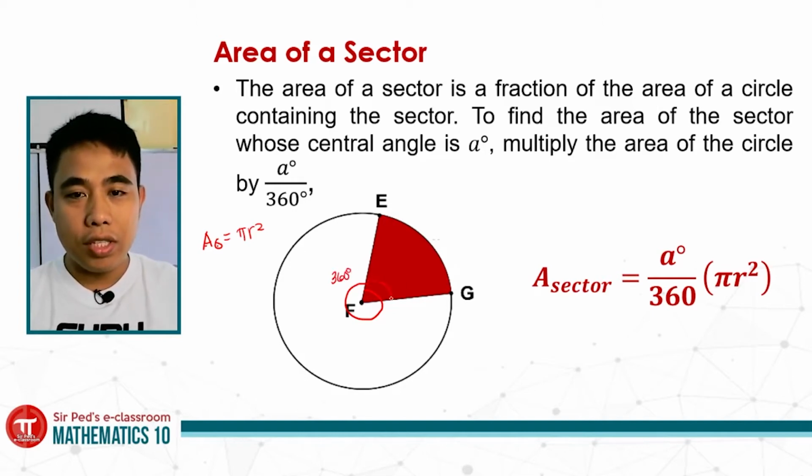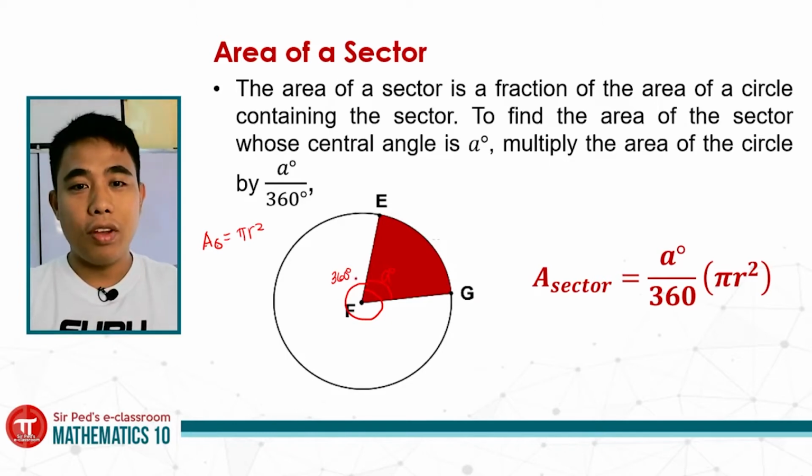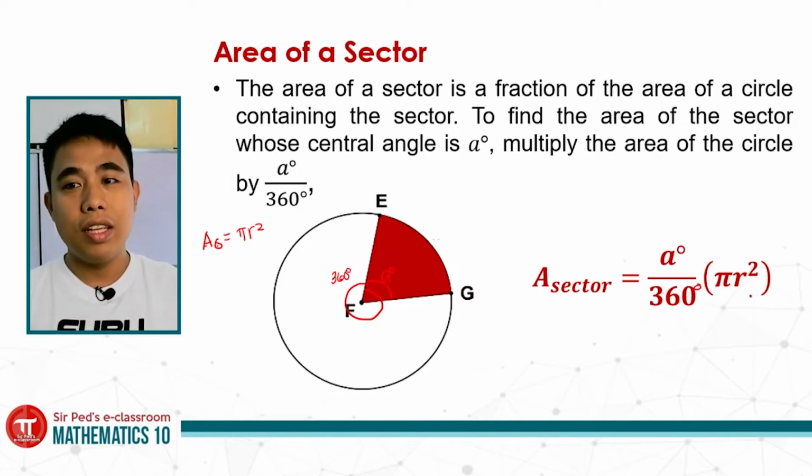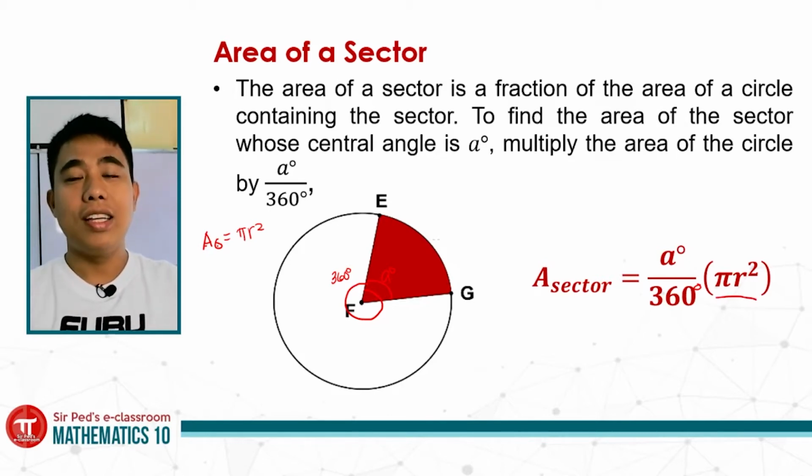So if we consider the central angle of the sector to be A degrees, then it is just a fraction of 360 degrees. So the area of the sector will be A degrees over 360 degrees times the area of the circle, which is pi r squared.